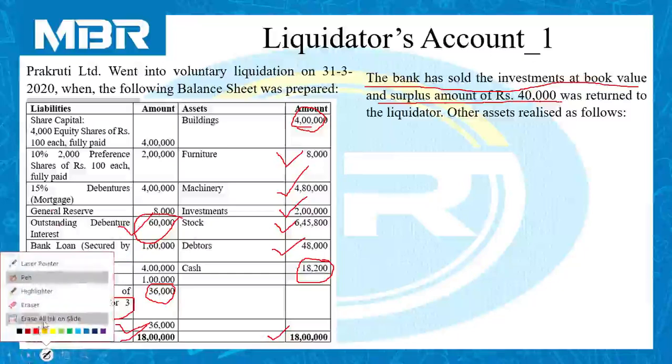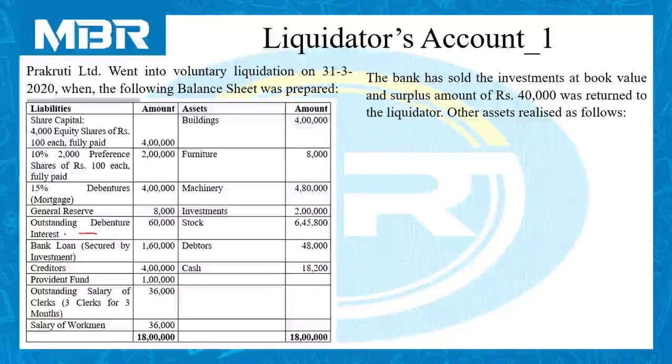On the liability side, it is clearly mentioned that bank loan secured by investment is rupees 1,60,000. And here it is clearly mentioned that the investments have been sold by the bank at book value.